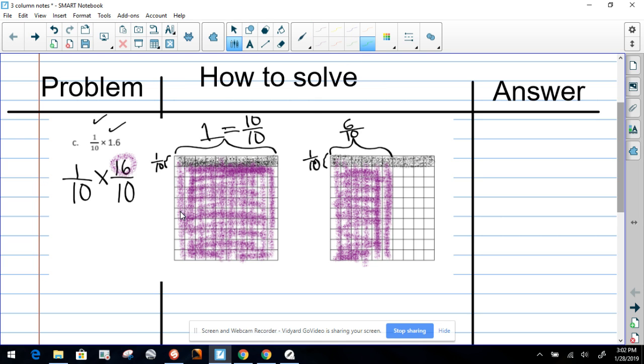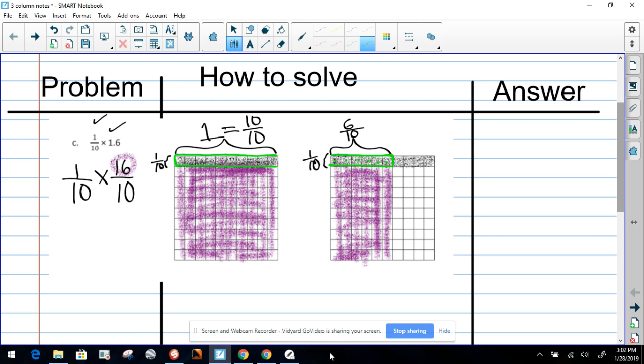Now, we're going to look at where these two overlap. So we're going to use a different color. They overlap right here, from here to here, all the way to the 6/10, and that's the overlap. If we count this, it is 10, 11, 12, 13, 14, 15, 16.